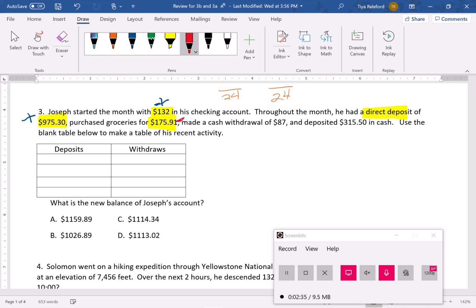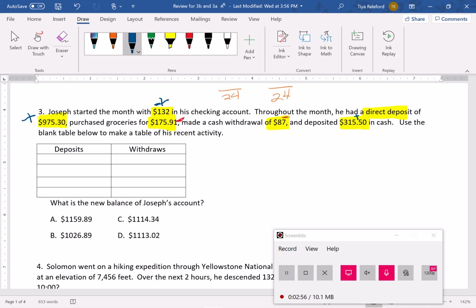That's a negative. He made a cash withdrawal of $87. That's a negative. And he deposited $315.15. That's a positive. So you're adding up all the positives and all the negatives and then subtracting.